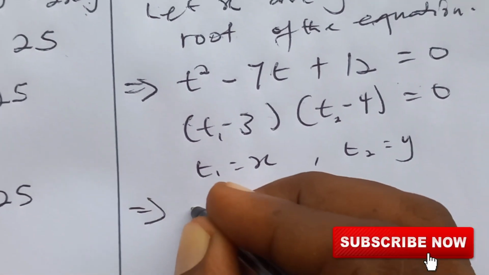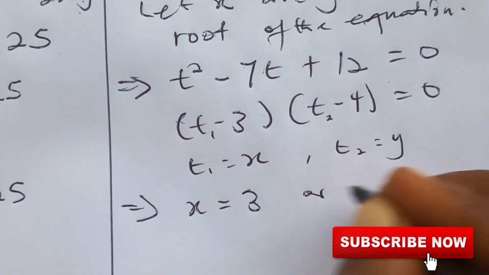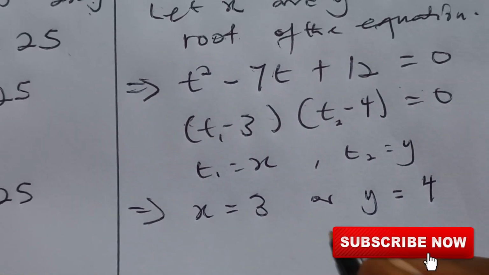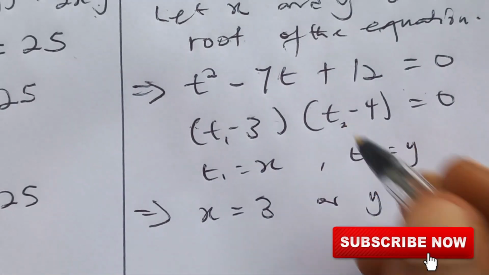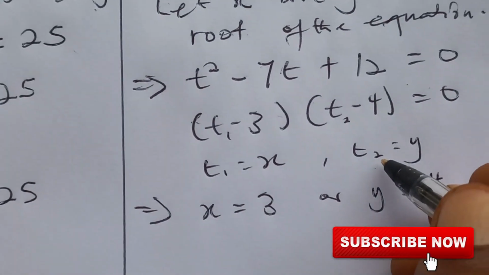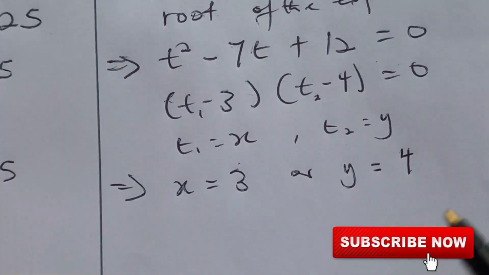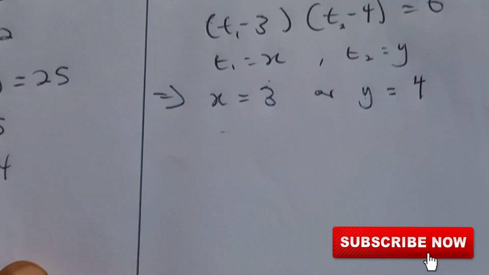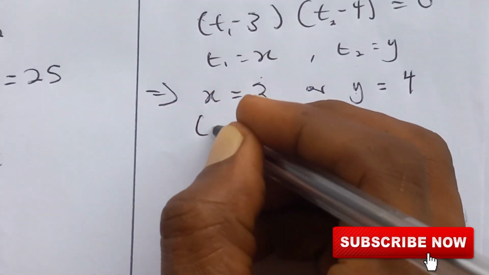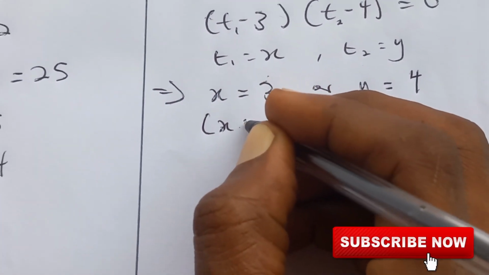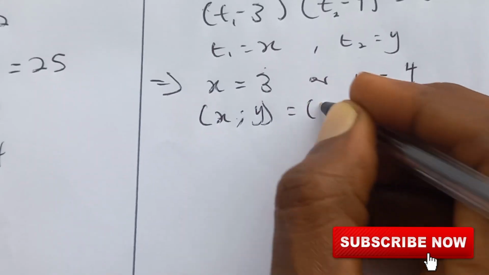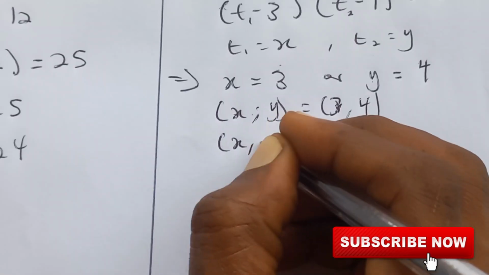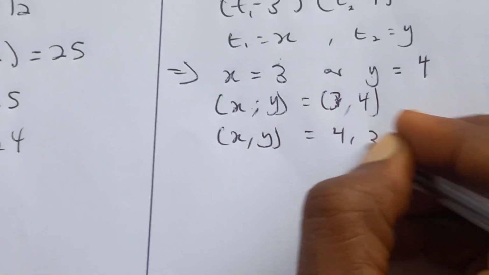So we get x is equal to 3 and y is equal to 4. In another way, you can also make t2 to be x and t1 to be y. So in that case, y will be 3 and x will be 4. Good. So for case 1, we get x, y equal to 3, 4, or x, y equal to 4, 3.